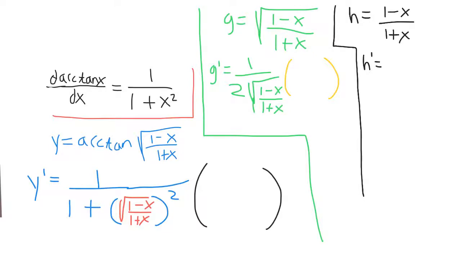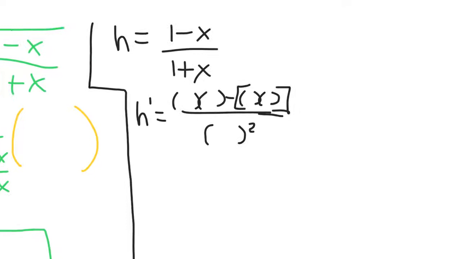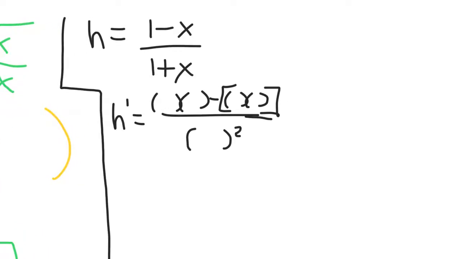So h prime is going to be something squared with the numerator being thus. All right, and let's zoom in. So what is it that's being squared? Clearly 1 plus x. That goes here.